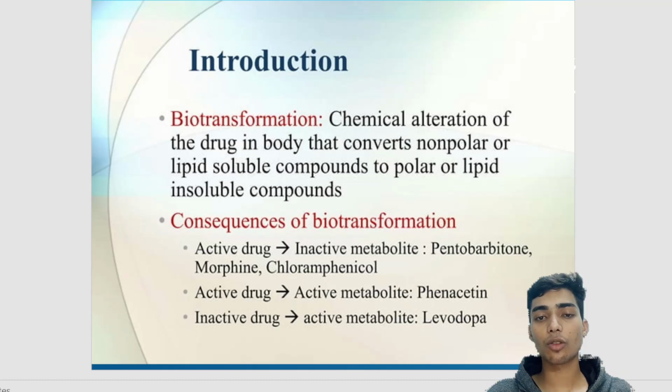So it metabolizes the drug so that it can be excreted actively outside the body and the body's normal metabolism is not altered. This is the basic function of biotransformation or drug metabolism.